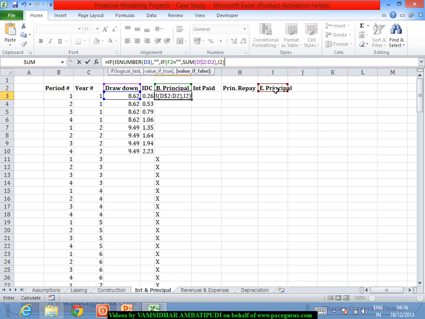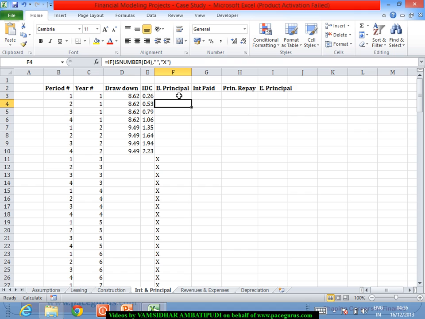So that is what will happen in case of beginning principal. The beginning of the period principal is either the total outstanding loan, or after the repayment of interest and principal, whatever the case, it would be the updated ending principal. So that is the rule we are writing.